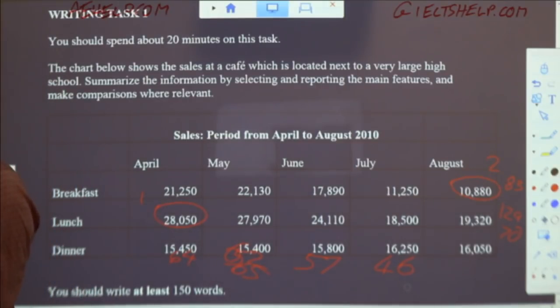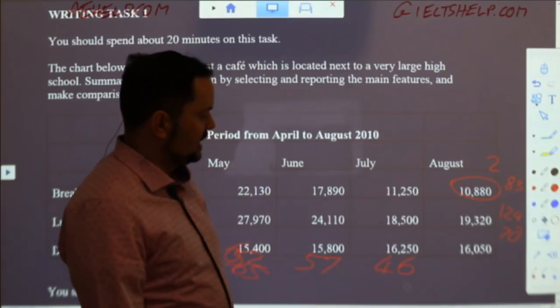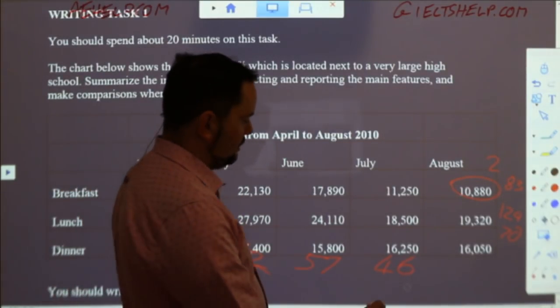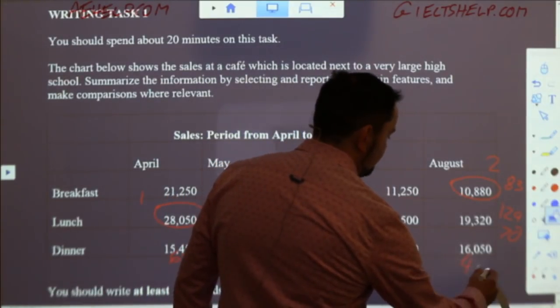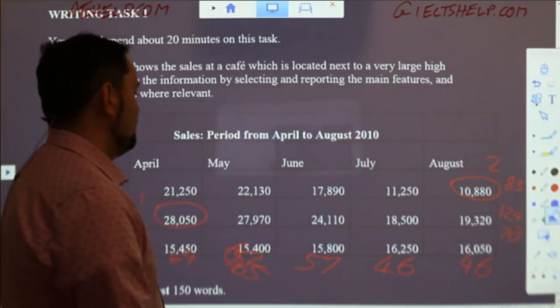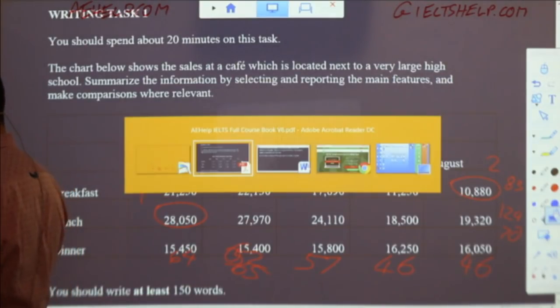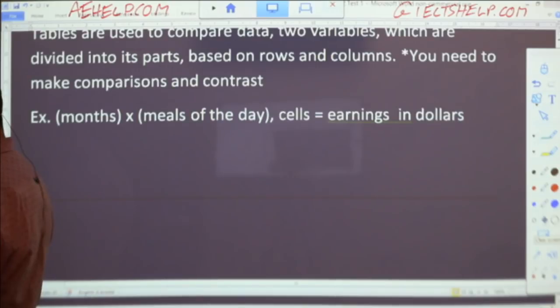So let's jump back. Let's add together August. We forgot about that. That adds up to 30 and 15, 16, it's 46. It's also 46. Okay, so now we can jump back to the writing element here. And as you know, the first part of task 1 is the overview, okay? So I'm going to have to delete my annotations here, otherwise you won't be able to see.